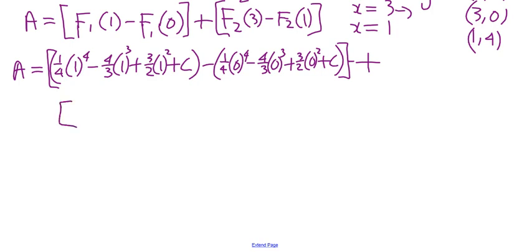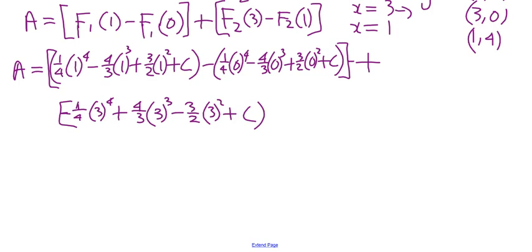So plus minus 1/4 of 3 to the 4th plus 4/3 of 3 cubed minus 3/2 of 3 squared plus c. Okay, wait, that's just the first one. Got a set of brackets there.